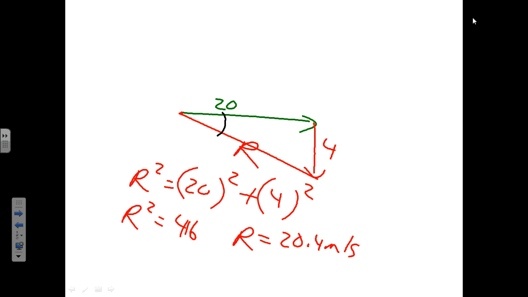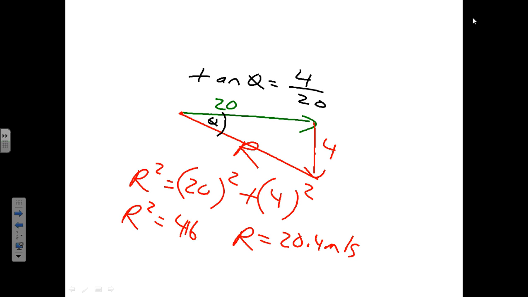The angle we want to give is the smallest angle between our resultant and the horizontal, east-west horizontal. So to find that angle, the easiest way is just to say tangent. We'll say the tangent of our angle theta is opposite over adjacent. We'll divide that out and take the inverse tangent.